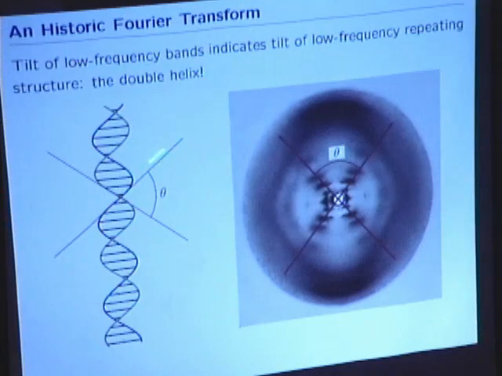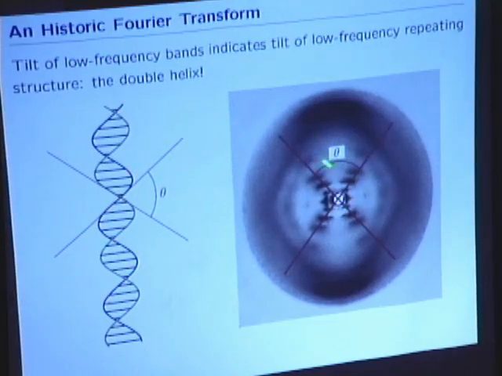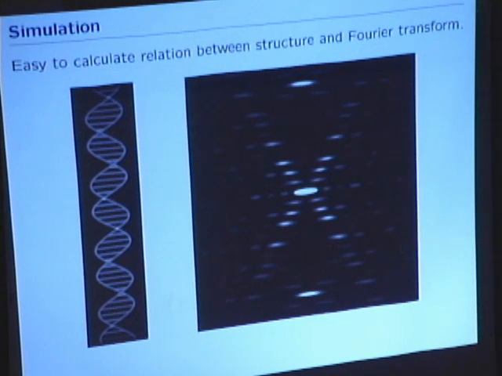In fact, angles in space get rotated 90 degrees when they're in frequency. So the angle between these solid lines tells you something about the angle that the helix makes as it's wrapping around. So you can easily make a 3D model of this experiment, and that's what this is.